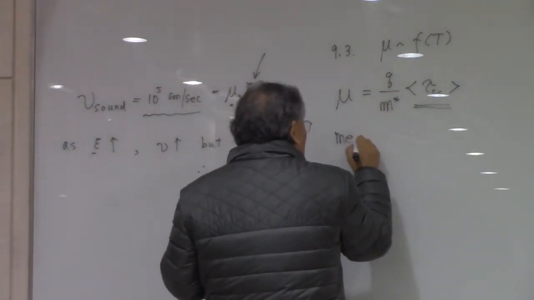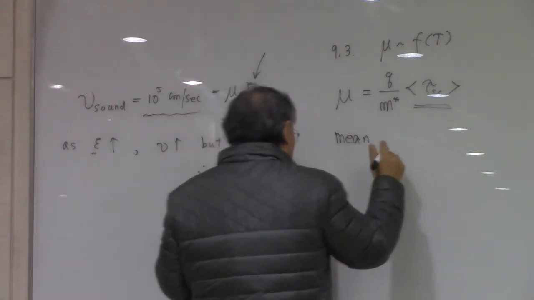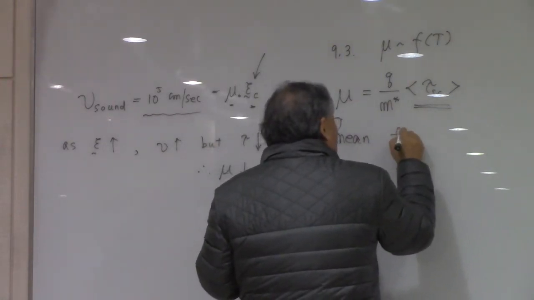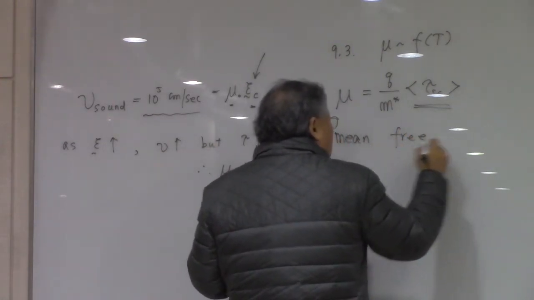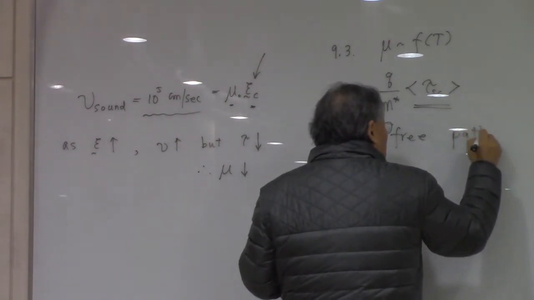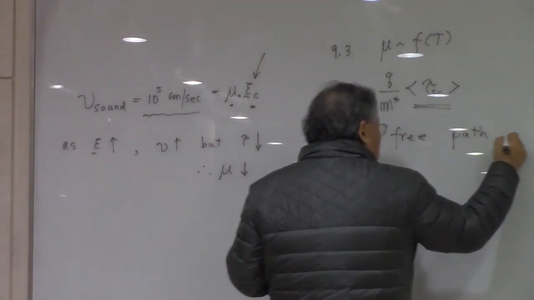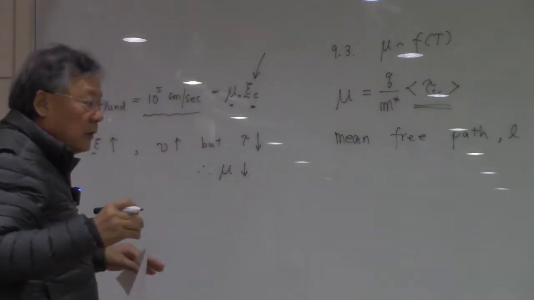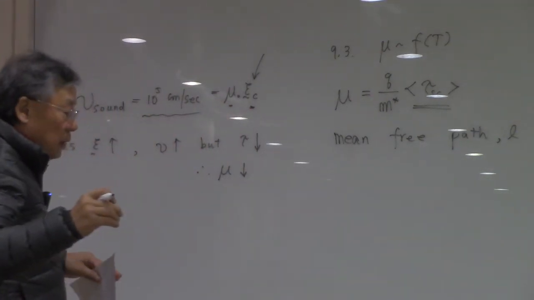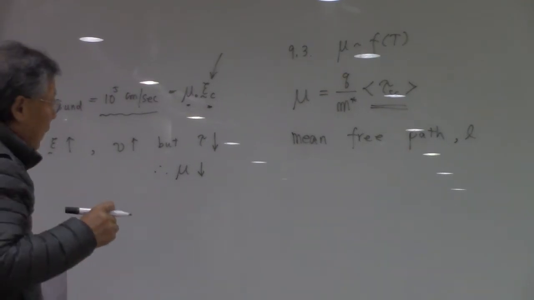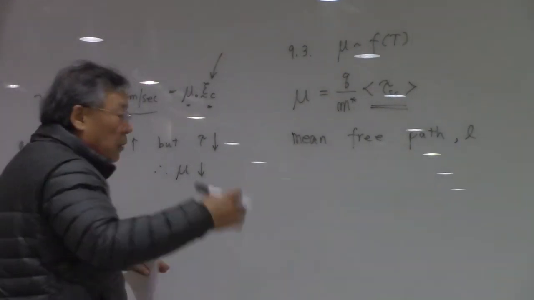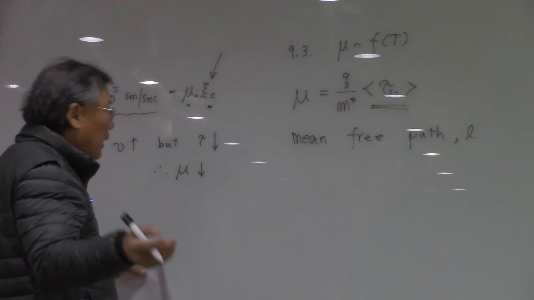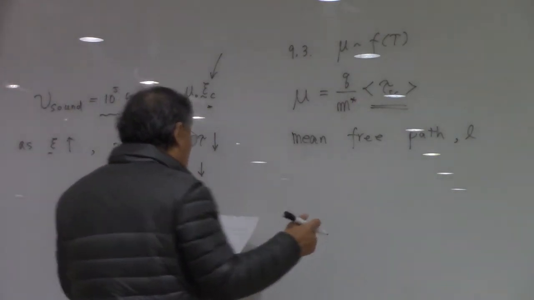Now, the one thing we should think about is the mean free path. That is, the mean free path means the distance a free carrier can move between the scattering events, okay?